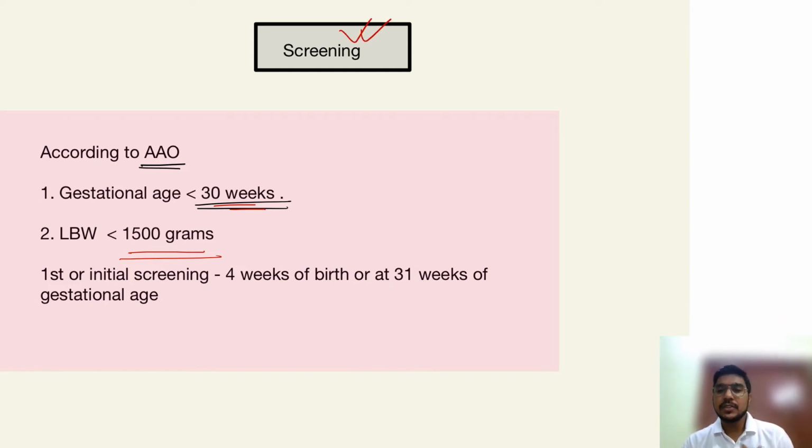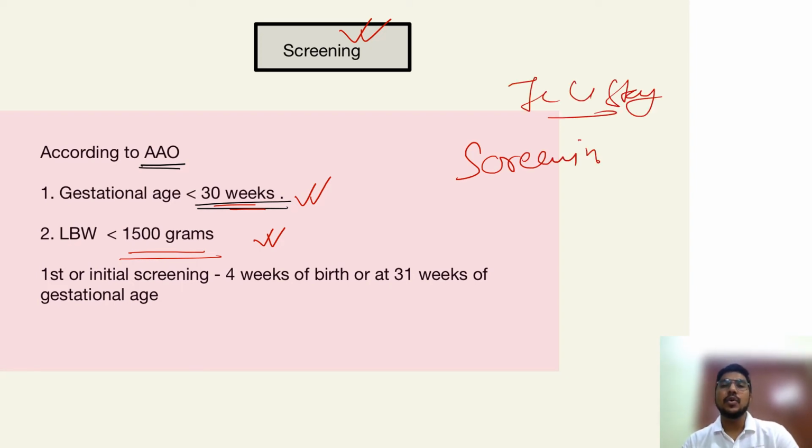But they have also said that if the gestational age is more than 30 weeks or more than 1500 grams, still if there is a suspicion of ROP by the pediatrician, or if there is an ICU stay, then obviously we should go for screening.